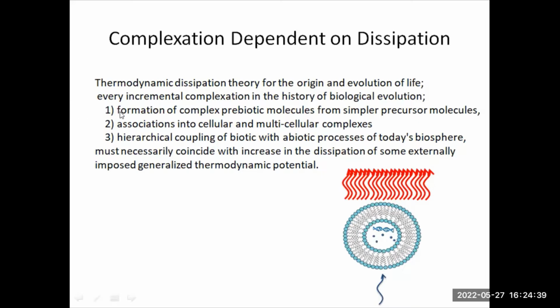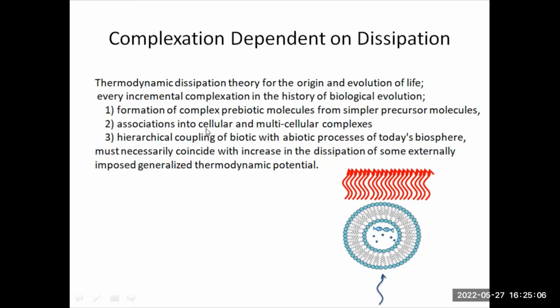So the complexation, for example, is the formation of these complex prebiotic molecules from simpler precursor molecules. We've seen, for example, the case of the production of adenine, and Claudette is working on the production of guanine. Today, we're going to see the formation of these fatty acids, and later the formation of the vesicles.